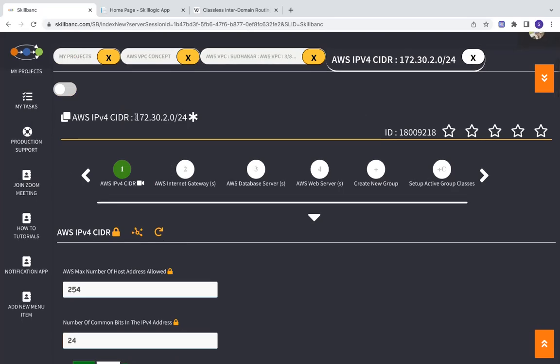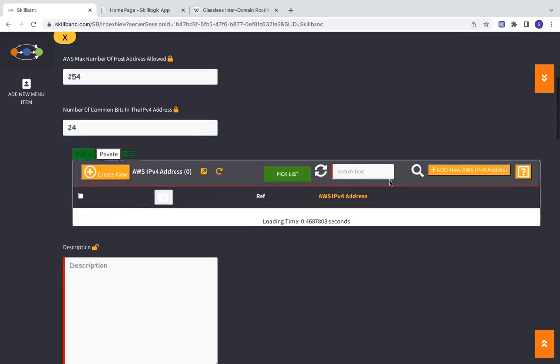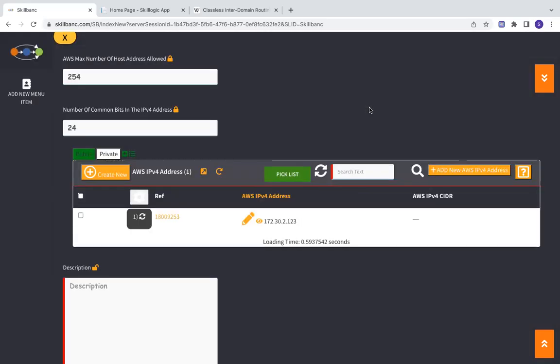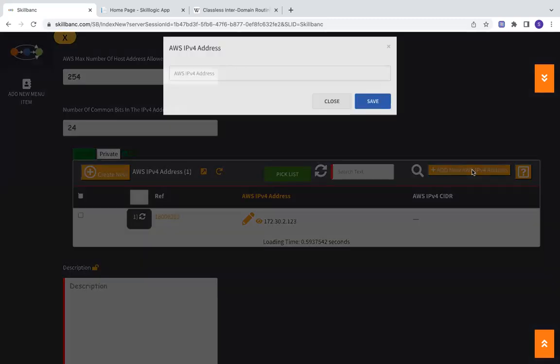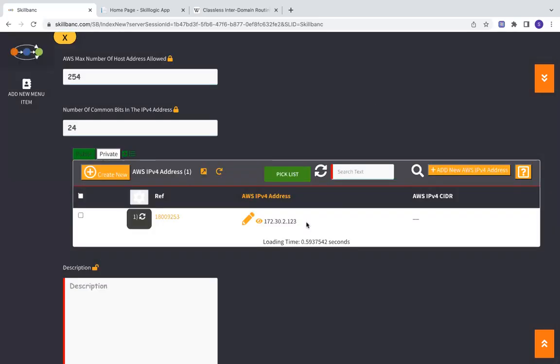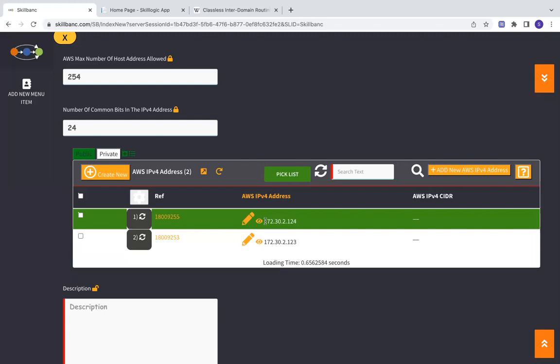So if I have to put some IP addresses, this is how I'm going to do this. So as you could see, 172.30.2 should be common.